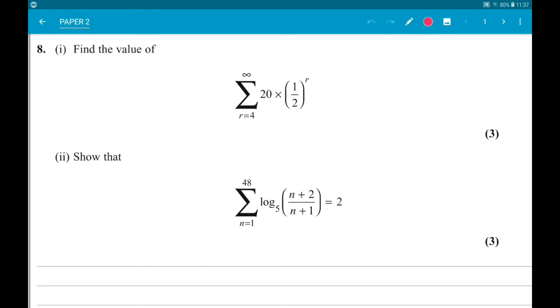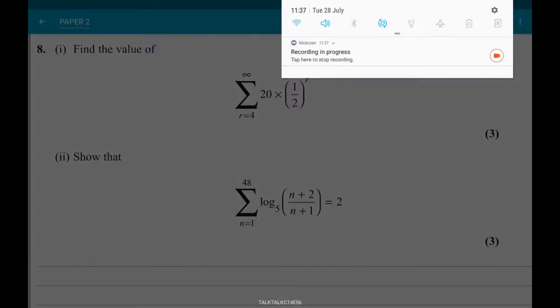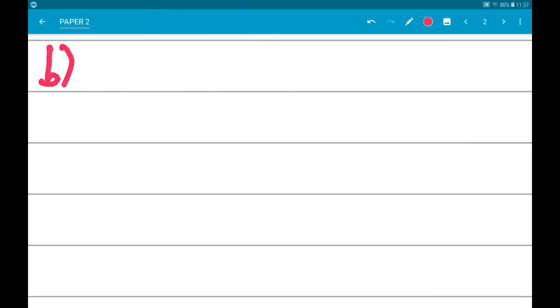At B, show the sum from n is 1 to 48 of log base 5 of n add 2 over n add 1 is 2. Alright. So, let's call this S48. So, that's going to be a log of 3 over 2.